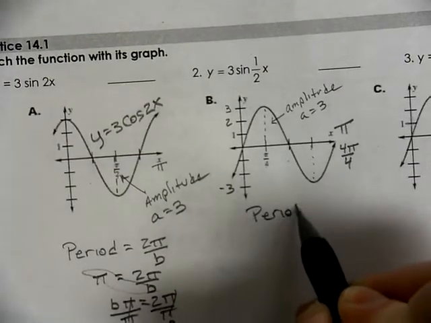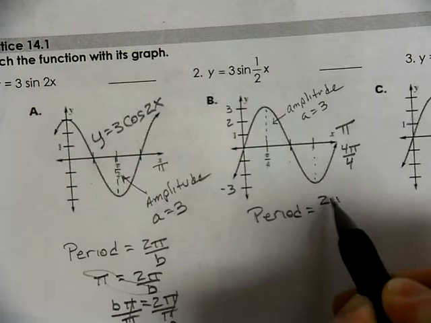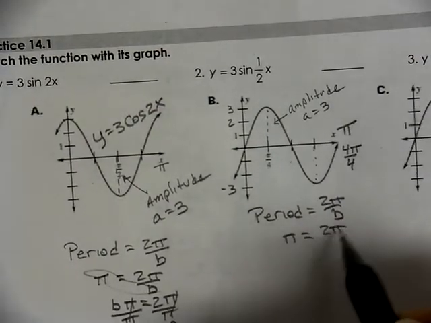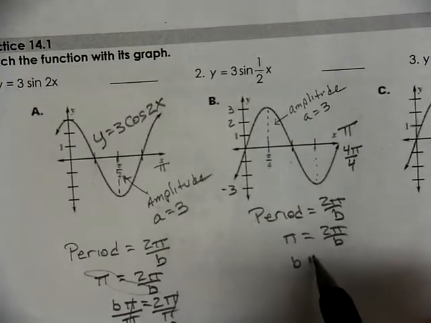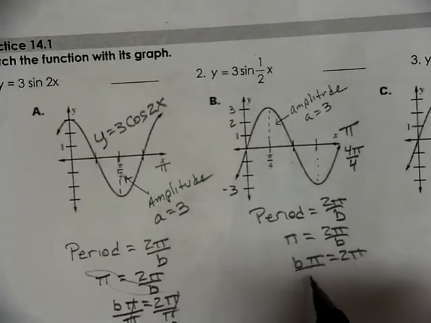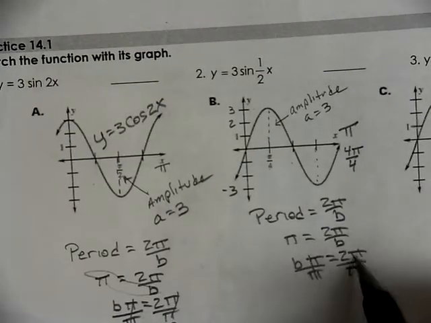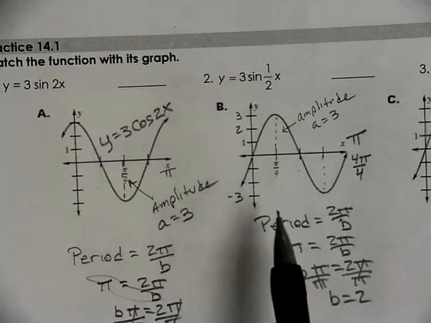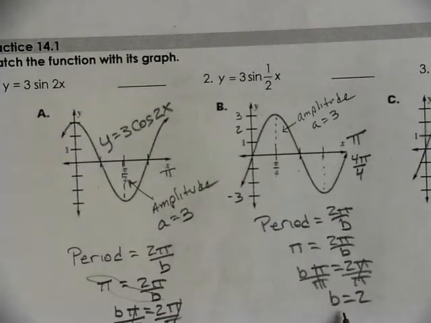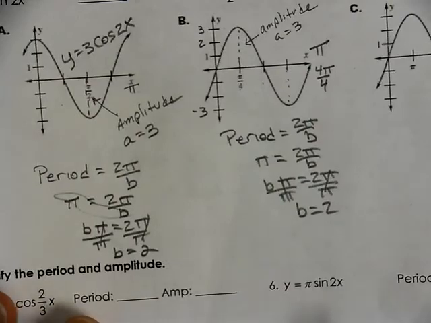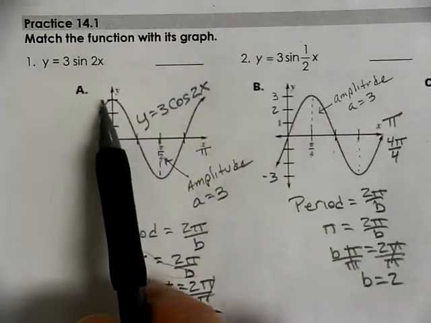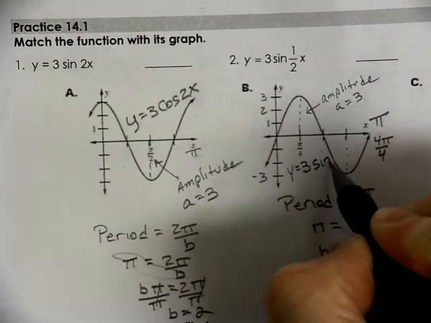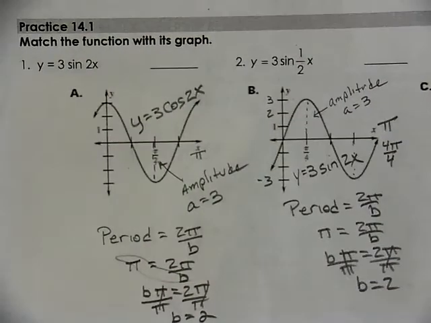So if the period is supposed to be 2 pi divided by b, my period is pi, just like we have just done, we can see that the b value for this should also be 2. So it needs to be a sine graph with an amplitude of 3 and a b value of 2. So that looks like this first one. Y equals 3 sine of 2x.